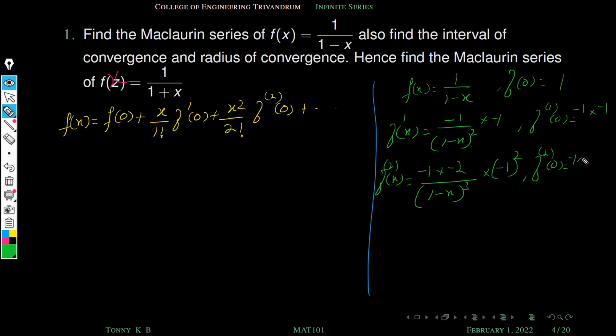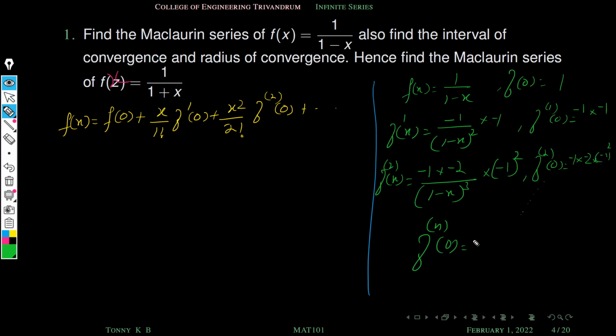So this is minus 1 into minus 2 into minus 1 square. Continuing in this way, what is fn of 0? You can generalize it. When n equal to 2, this is minus 1 into minus 1 square. When n equal to 3, this is minus 1 into minus 2 into minus 3 into minus 1 raised to 3.